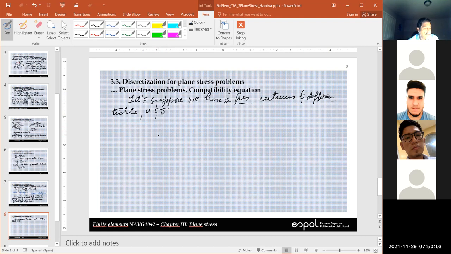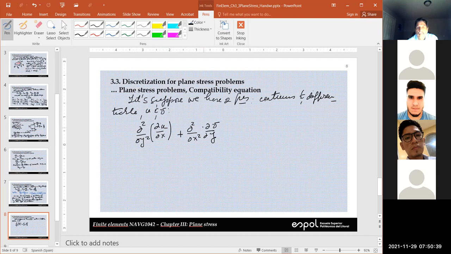Okay, so we could have, for example, the derivative of u and the derivative of v. And we can differentiate this one here two times with respect to y. We can take this one here and differentiate it twice with respect to x. Okay, so here I have the derivative of u twice with respect to y and one with respect to x.